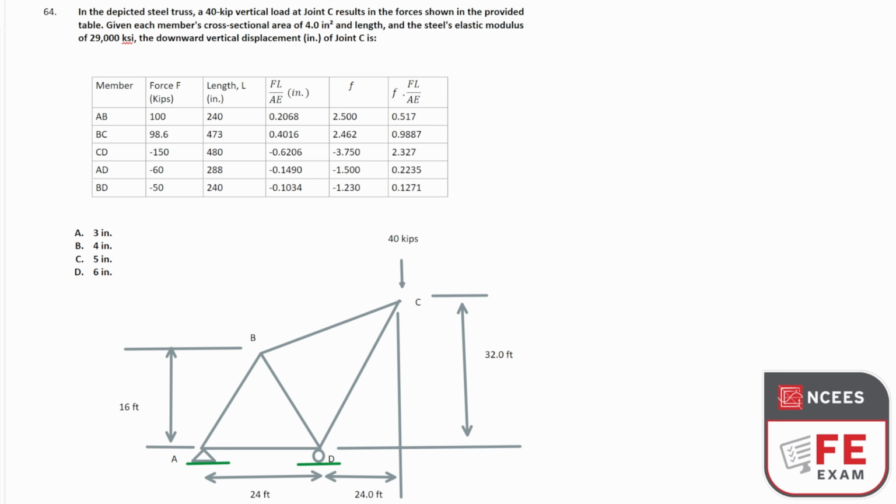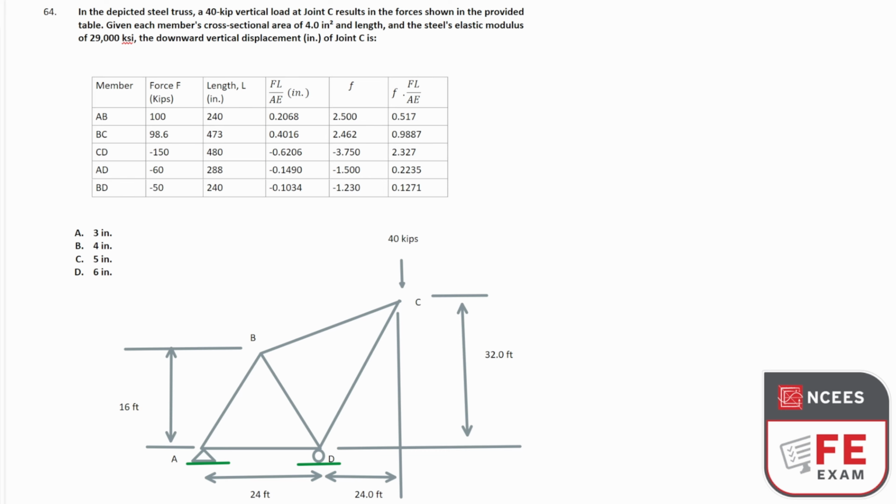We have a table over here and we have 4 options and we have this diagram provided with the question itself. They are requesting us to find out what is the total vertical displacement of joint C. So before we jump into solving this question, we need to properly understand this table first and each and every single item mentioned over here and this diagram as well.